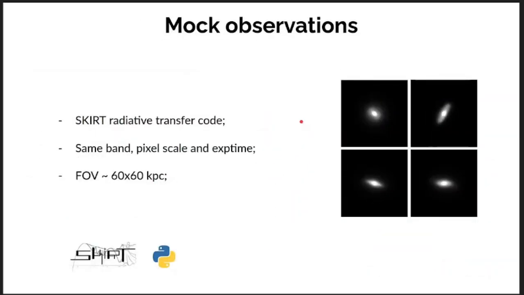We also post-processed the particle data from the simulation using the SKIRT radiative transfer code to create images, mock observations of the Hubble Space Telescope, using the same band, pixel scale, and exposure time for the observations that Ildrin did in the previous sample that I showed before.